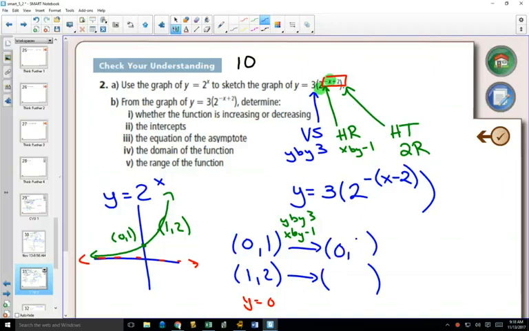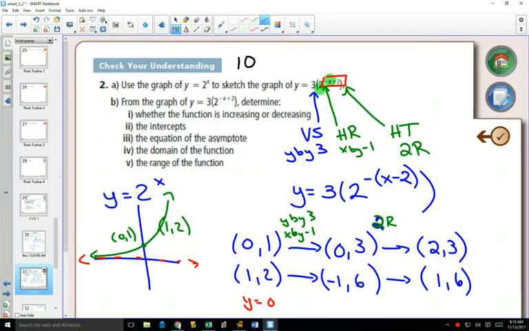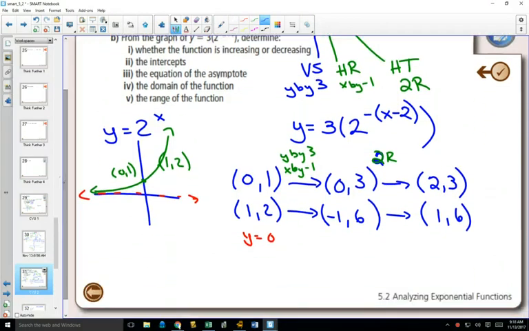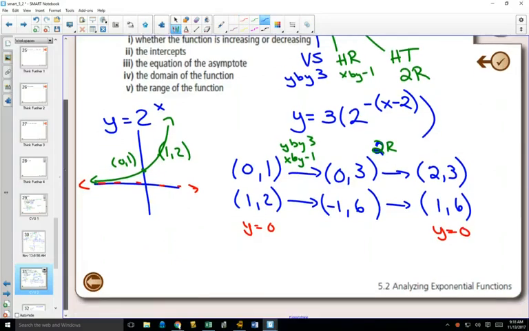This will still be 0, y by 3 will be 0, 3, and -1, 6. And then finally, all of our translations, we only have one translation, and that's 2 to the right. So you'd have 2, 3, and 1, 6. And what happens to our asymptote? It stays the same.